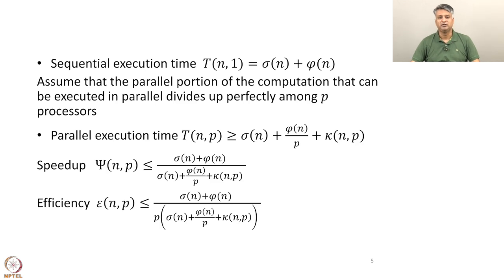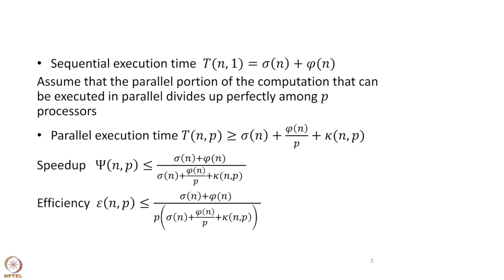And psi(n) is the parallelizable section of the problem. We can assume for convenience at this point that psi(n) divides perfectly amongst p processors. In most general cases, this may not be true, but for the sake of analysis, we can assume this.